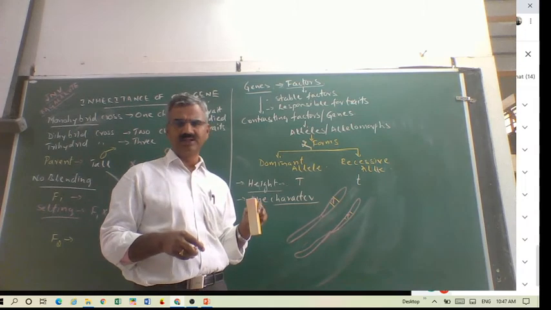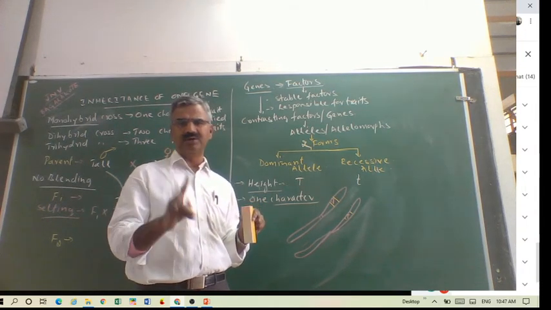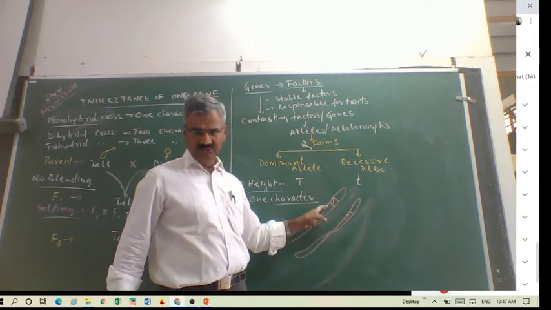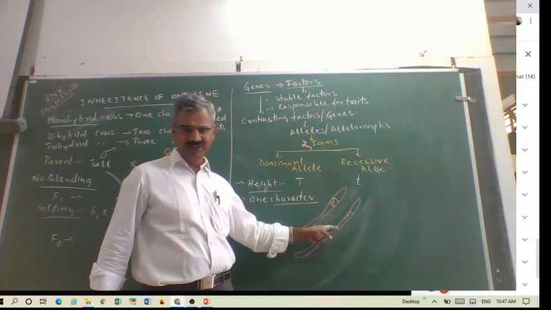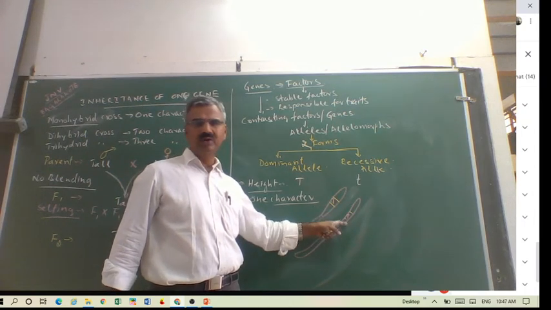How many alleles will be there? Two alleles are going to be present in each individual, one on each chromosome, because we have two chromosomes with the same structure, which we call homologous chromosomes, and that's why two alleles will be there.